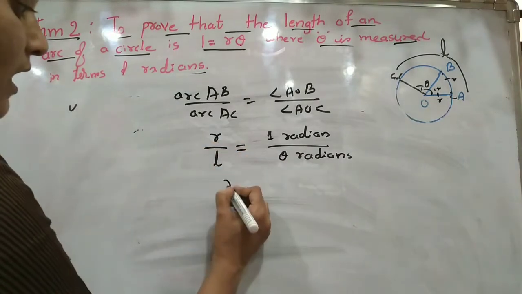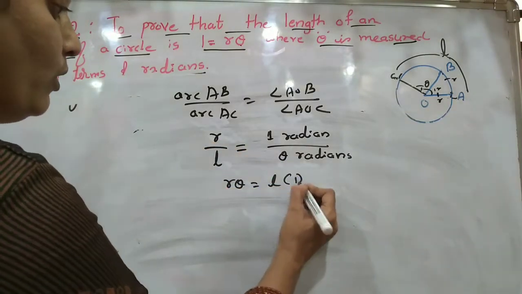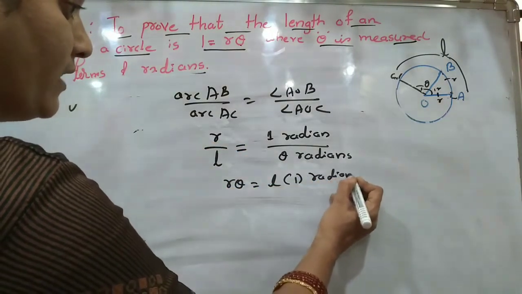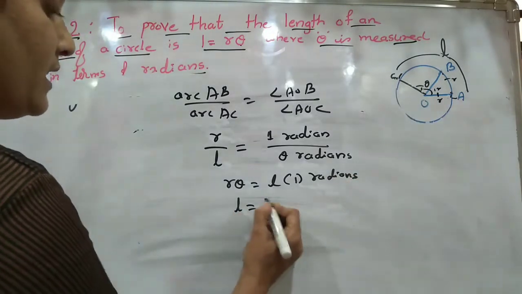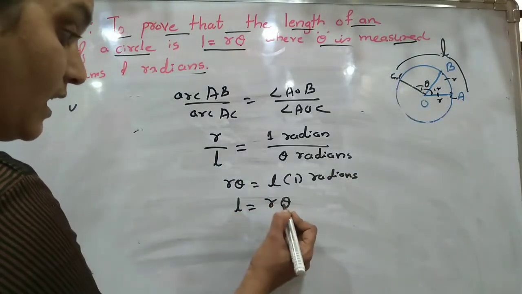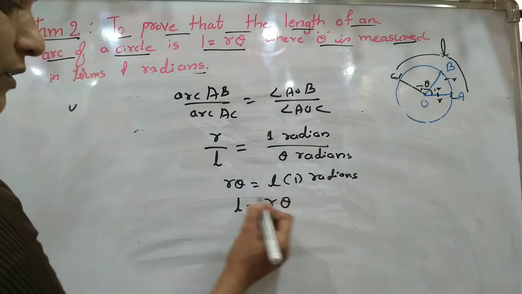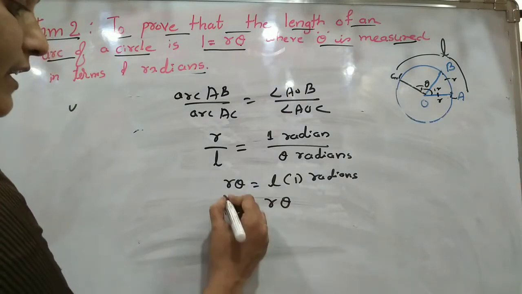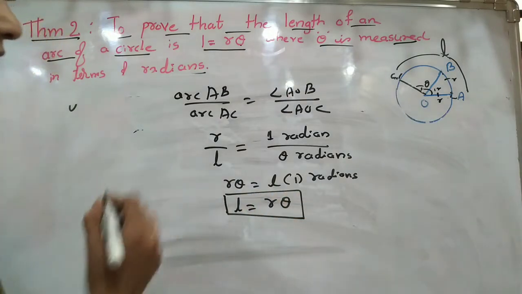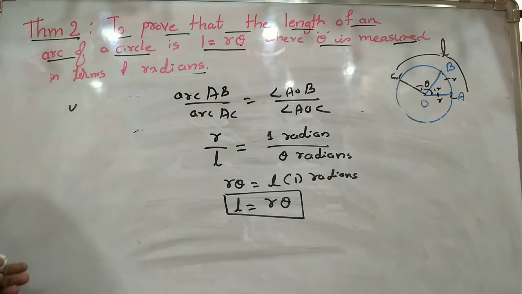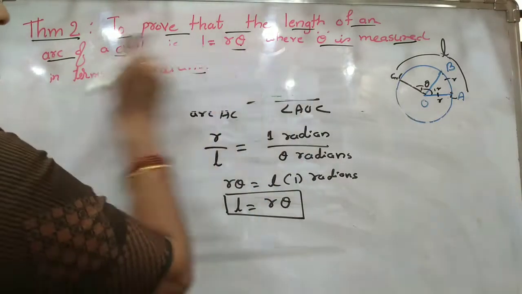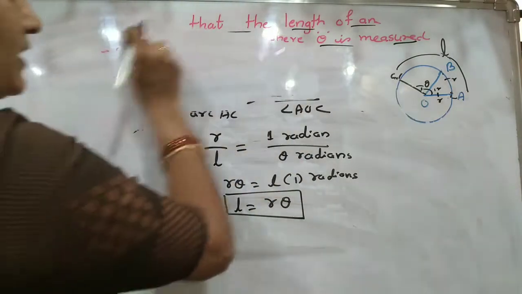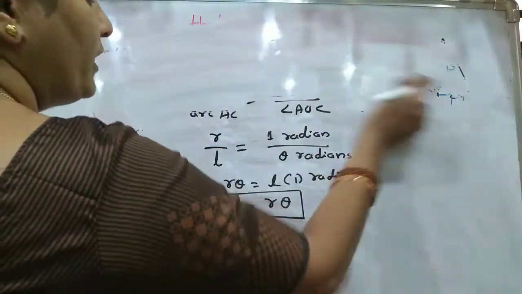Cross multiply. r theta is equal to L into 1 radian. So, L is equal to r theta. Since r theta is measured in terms of radians and L into 1 is in terms of radians, I can just write L is equal to r theta, where theta is always measured in terms of radians. Okay, I hope you have understood.